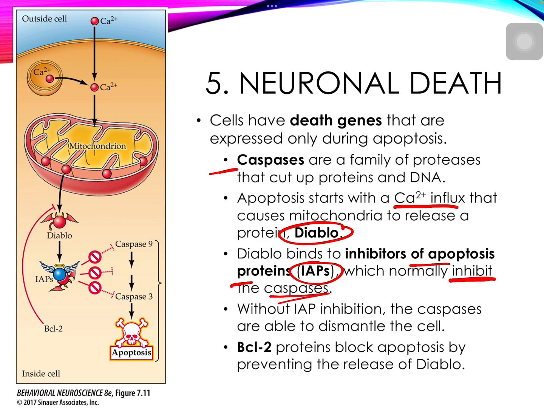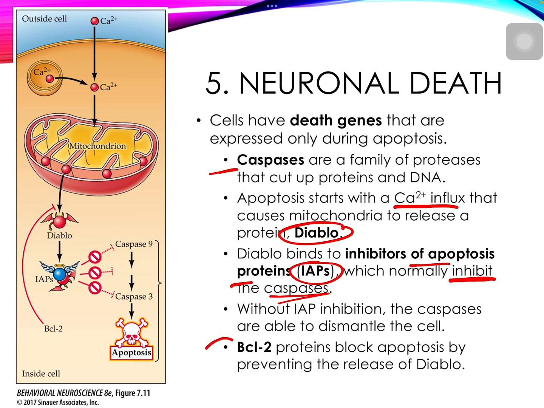Without that inhibition, the caspases take over and cut up the proteins and DNA. Essentially, if you inhibit an inhibitor, it's going to cause a reaction, and in this case, it will dismantle the cell.